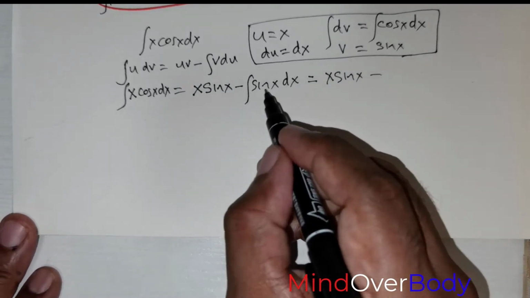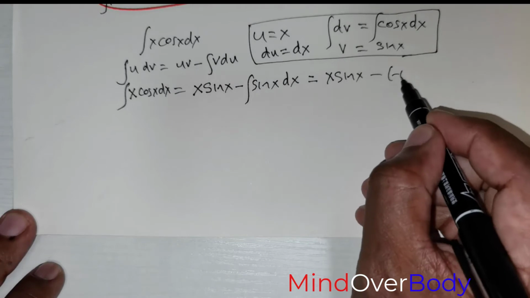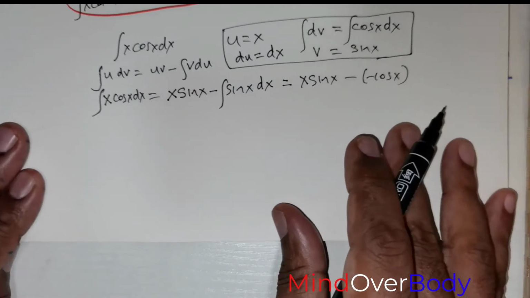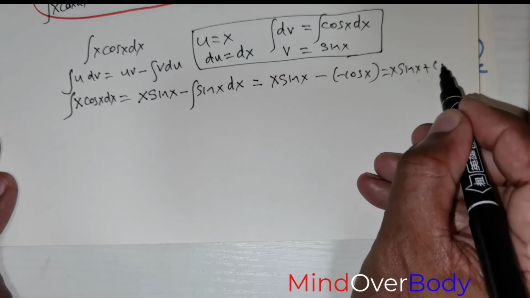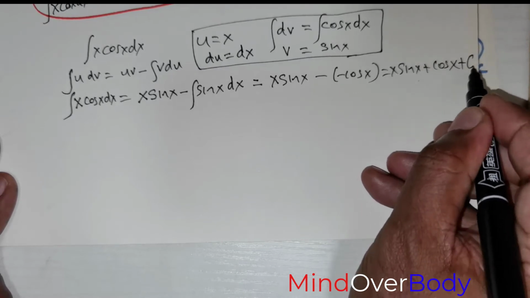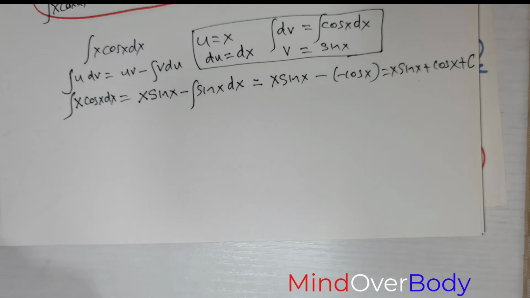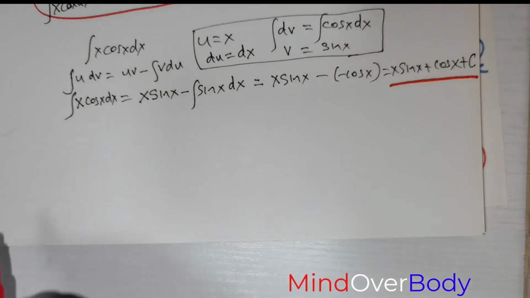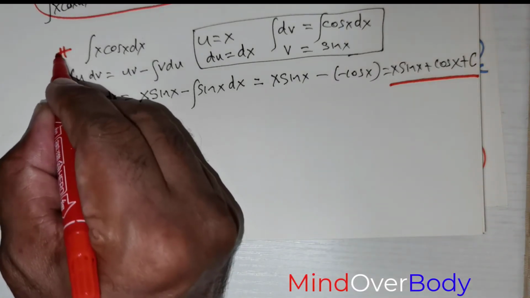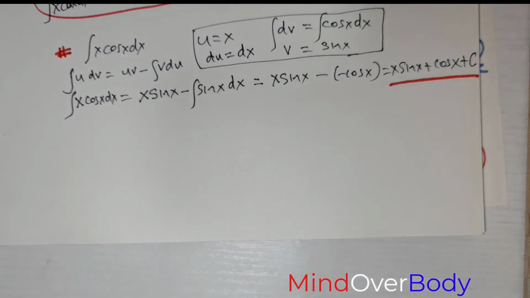If I were to integrate sin x, I would get a negative cos x. Now this is rewritten as x times sin x + cos x + arbitrary constant c. So this is a good place for us to draw the red line. So this is the solution for the question that we were given. So we will move on to the next question.